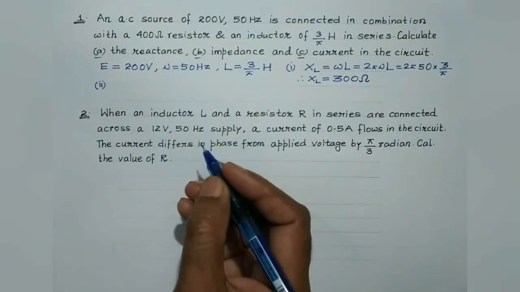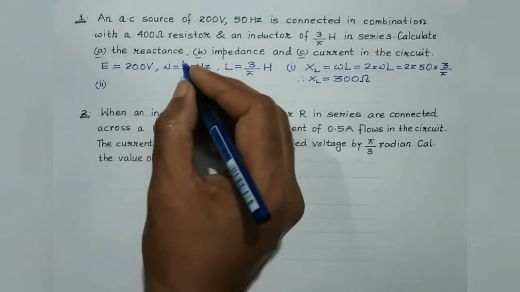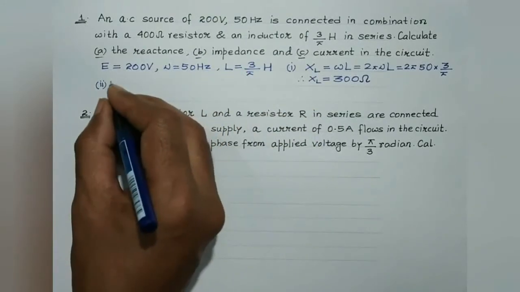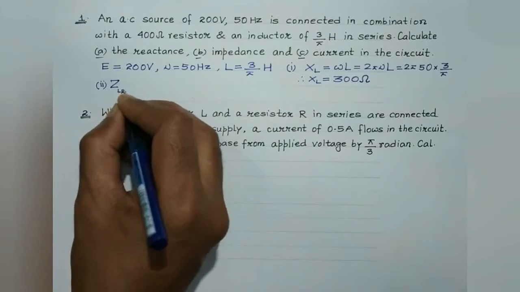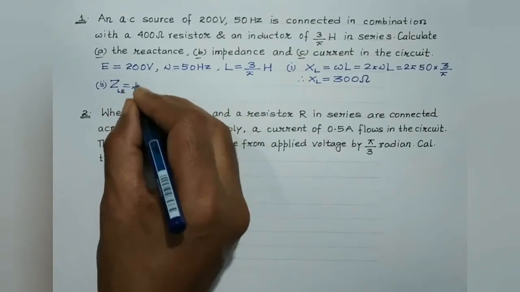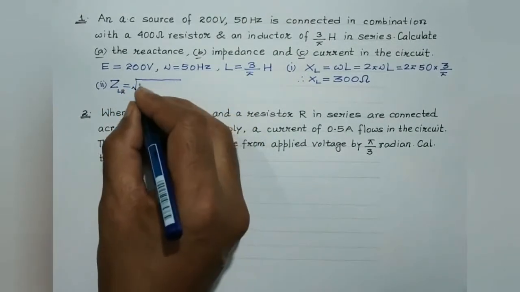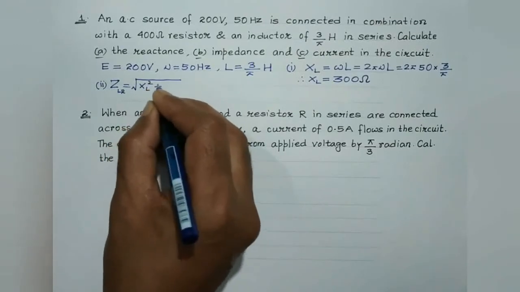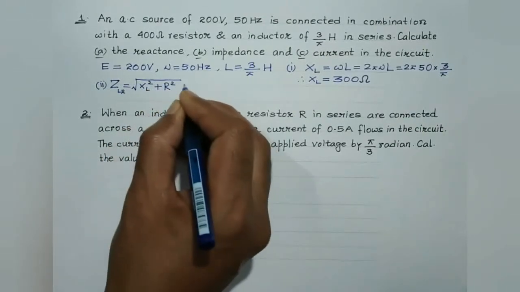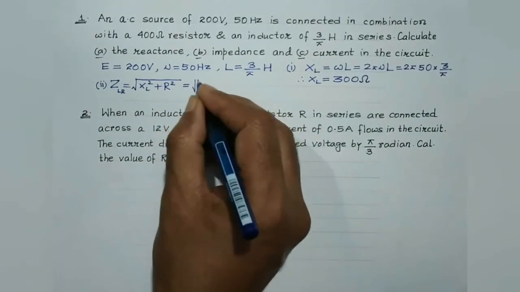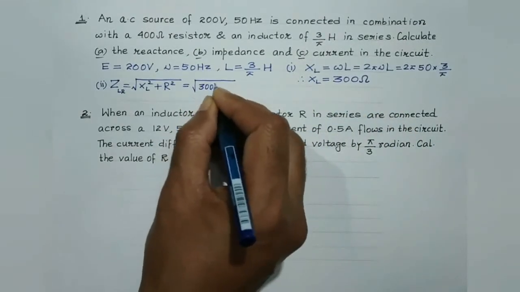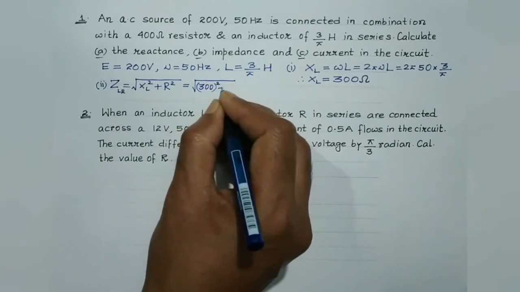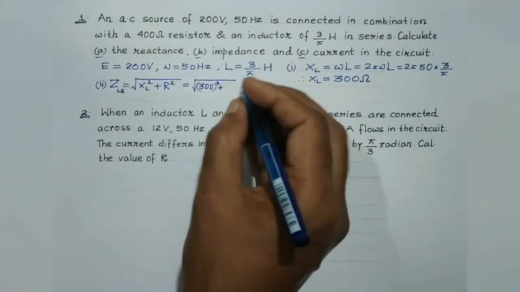Impedance is the total resistance offered by the inductor and the resistor to the flow of current. And impedance of the LR circuit is given by square root of XL square plus R square. So students, XL, just as we have calculated, is 300, plus ohmic resistance, which is 400.